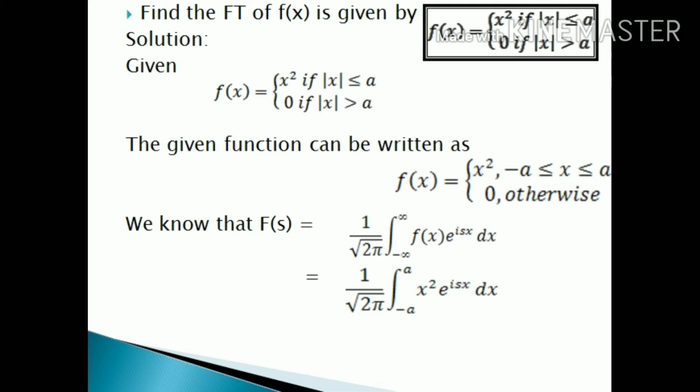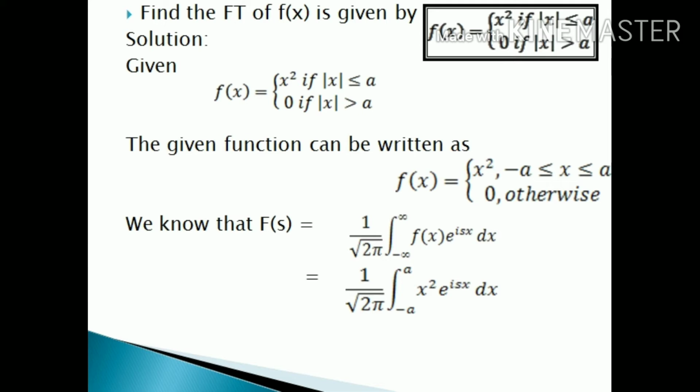The given function can be written as f(x) = x squared for −a ≤ x ≤ a, and 0 otherwise. Why do we have to write it like this? By using the definition of the mod function, |x| ≤ a can be written as −a ≤ x ≤ a.